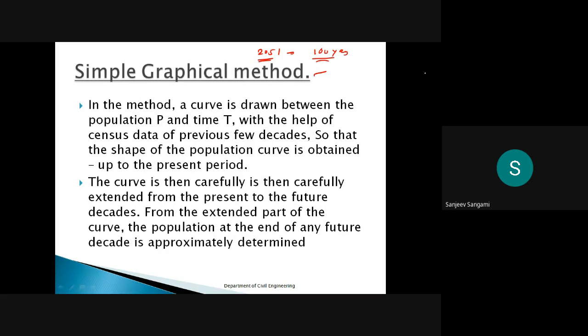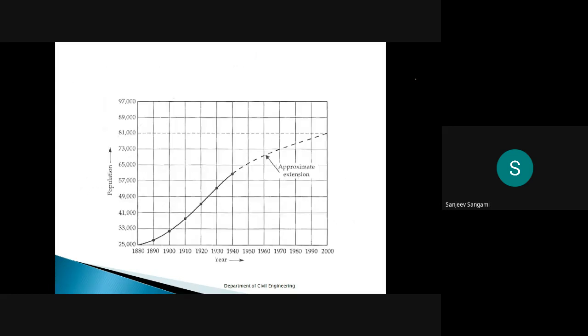See, for example, this is one simple graphical method. Here 1880 we know, this is 1900, then this is 1910, then this is 1920, this is 1930, and this is 1940.